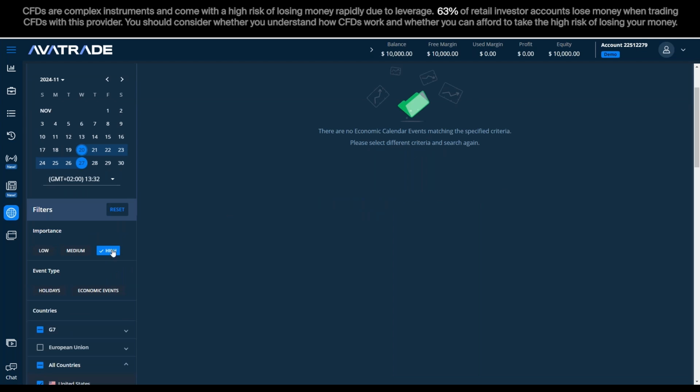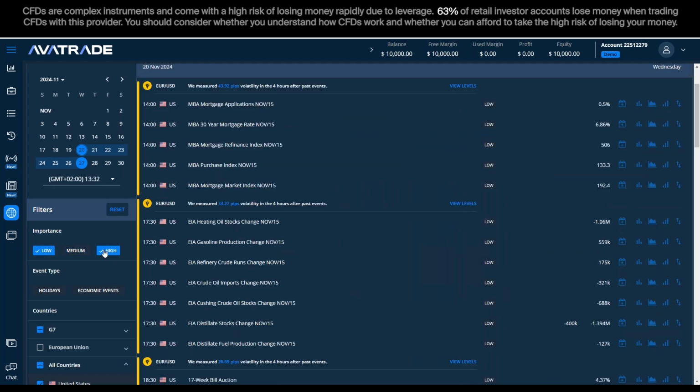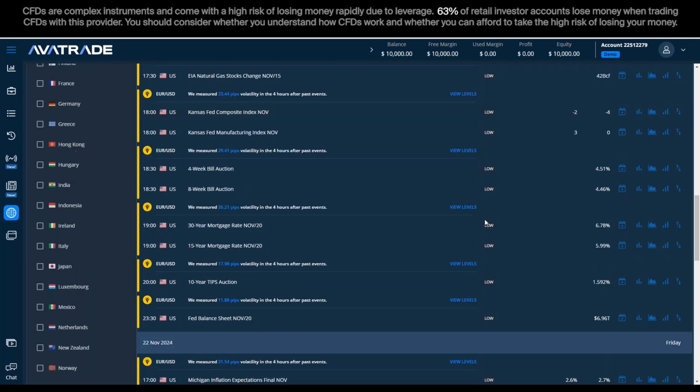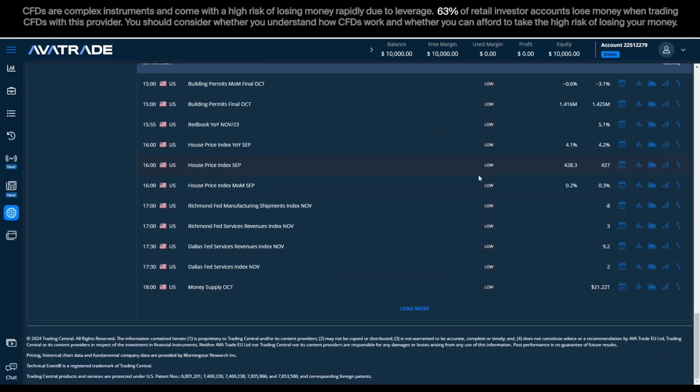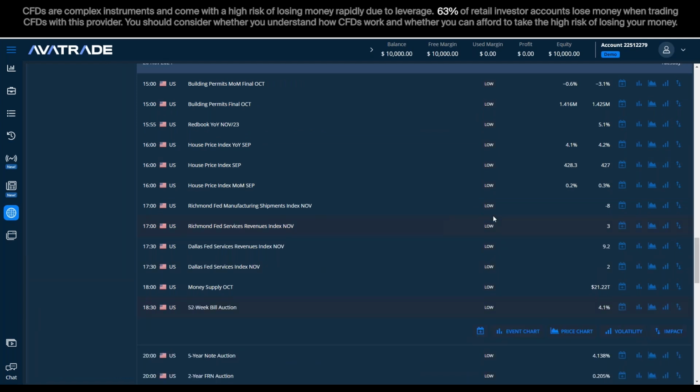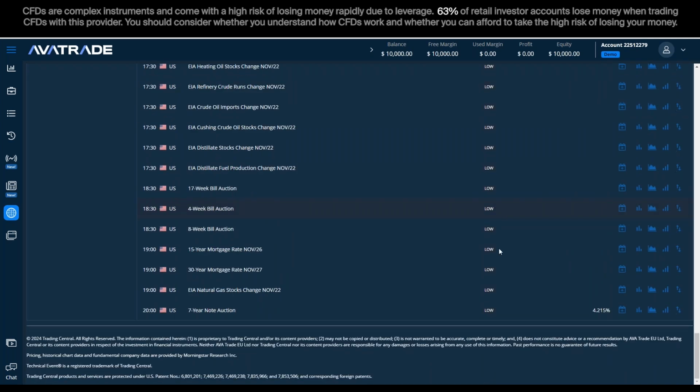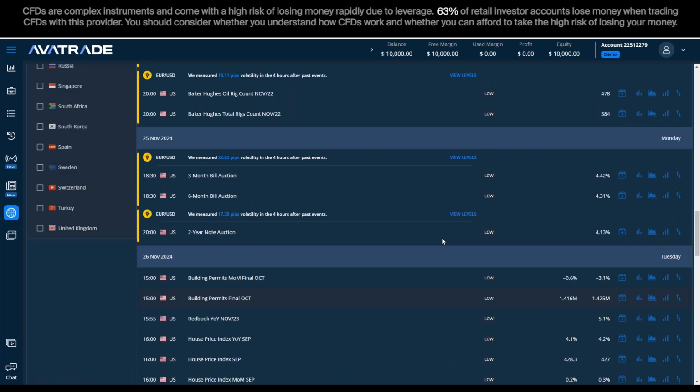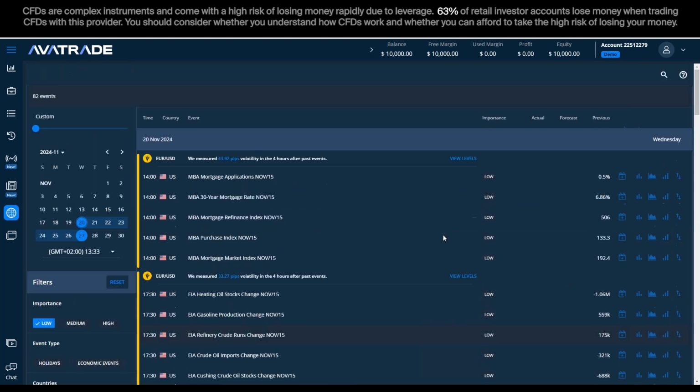This is simply because, let me switch low back and turn off high, those events are not high impact events. They're not medium either, otherwise it would show them to us.